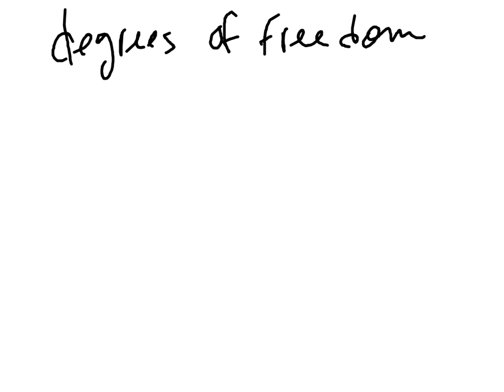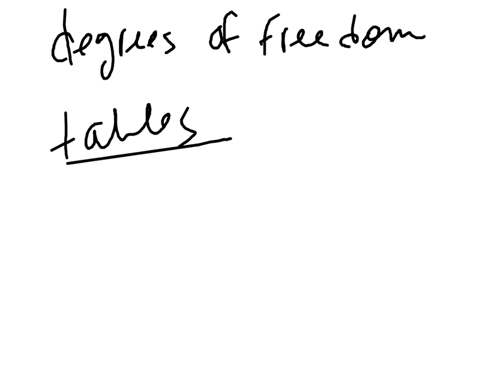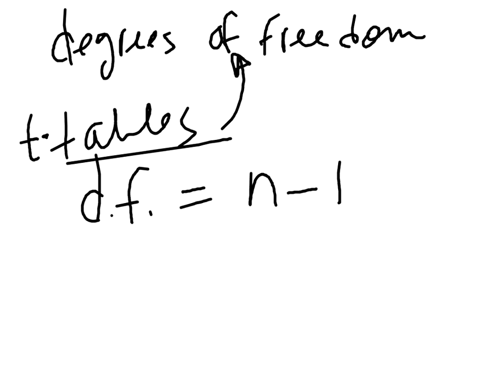For us to use the T-tables, we need the degrees of freedom, and degrees of freedom is just equal to n minus 1. So it's not difficult to find the degrees of freedom in our table.